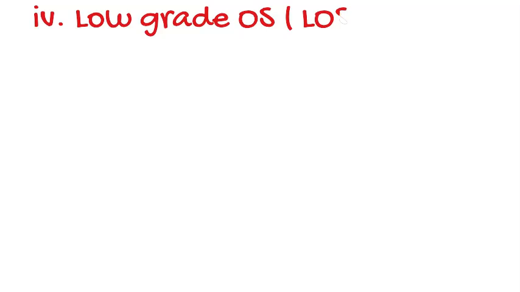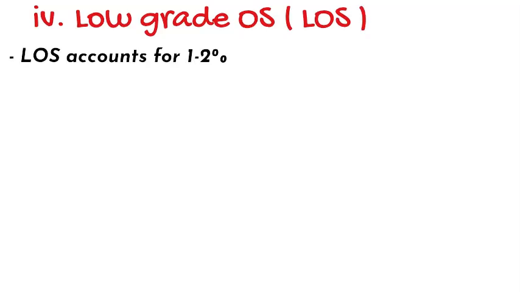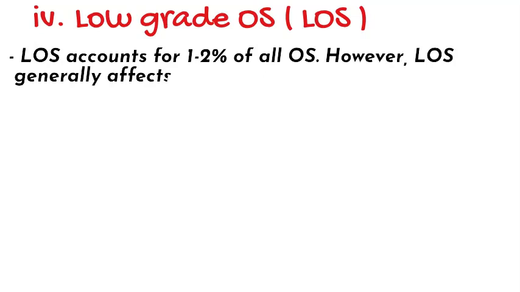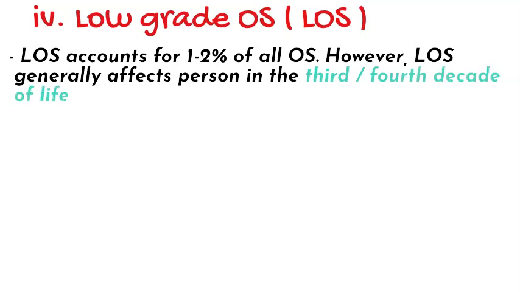Number 4, low-grade osteosarcoma, LOS. It accounts for 1 to 2% of all osteosarcoma. However, LOS generally affects persons in the 3rd or 4th decade of life.